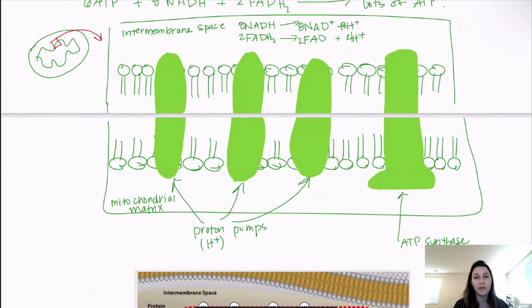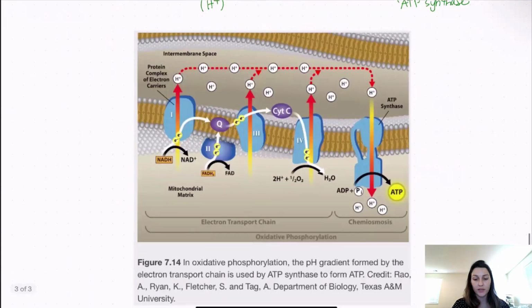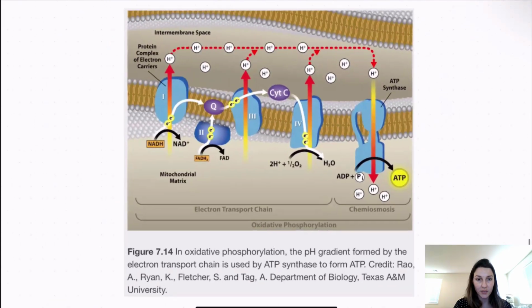When that hydrogen diffuses, that can lead to the production of ATP. Let me show you a picture of what that looks like. This is from OpenStax Biology, one of those free biology textbooks. I really like this picture because it shows really nicely how these things happen.